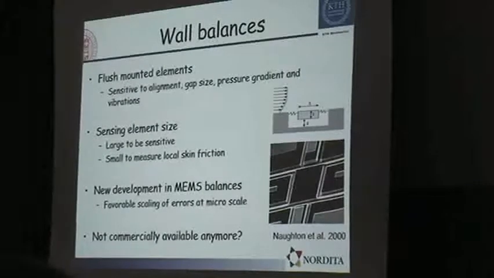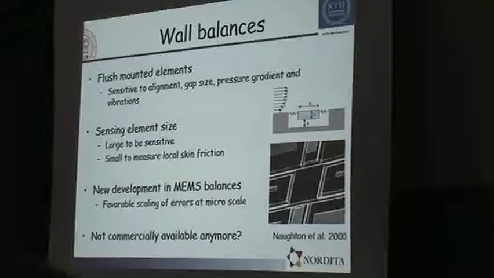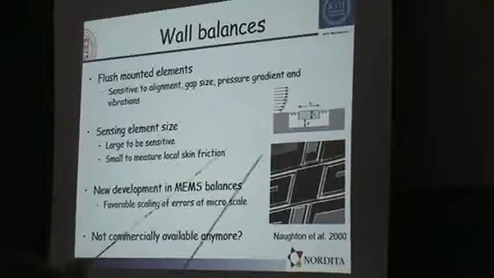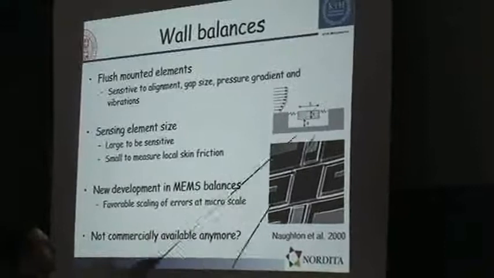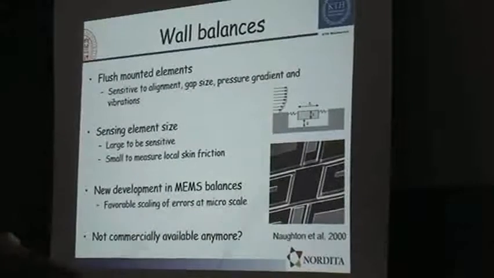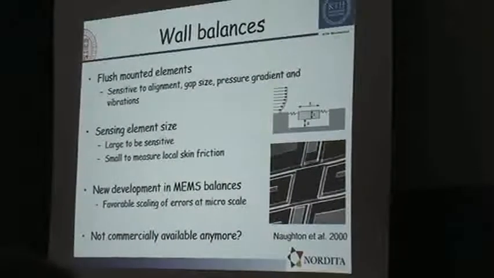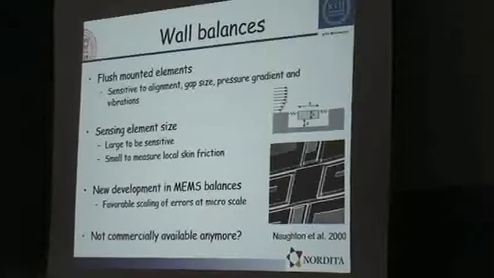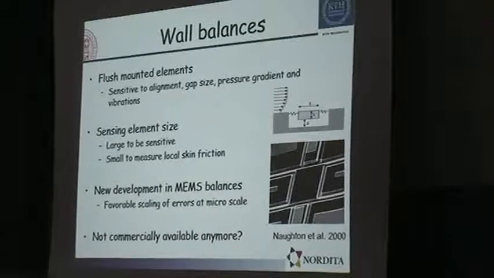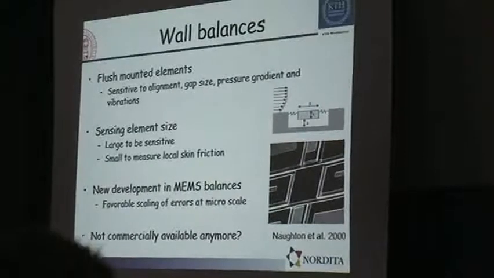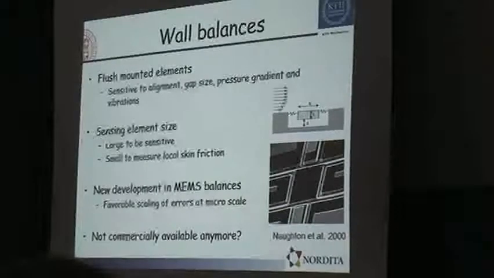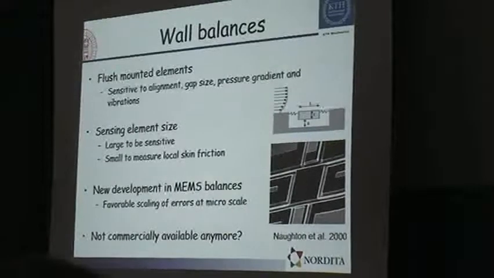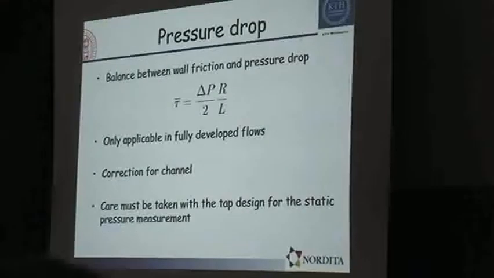What seems to be interesting is that there are a lot of errors related to these sensors: first you have problems with the alignment, you have flow that can go around the element, you have pressure gradients, you have all kinds of perturbations that make this measurement difficult. When you go to micro sizes, it seems that these errors scale favorably and it becomes interesting. As far as I know, they are not commercially available, but there are still people working on that.